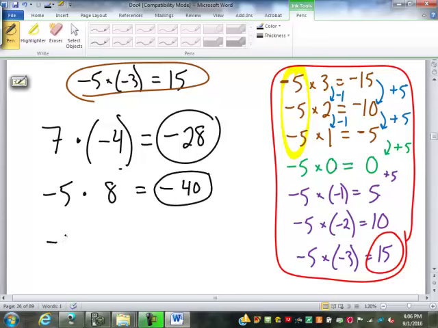Or I can take a negative times another negative. Of course, a negative times a negative is positive. Now that I have my answer positive, I can ignore the negatives and just do 9 times 2, which is 18. Good.